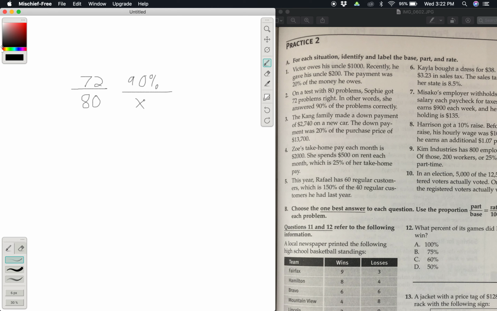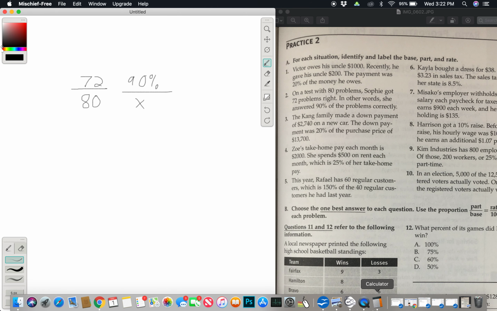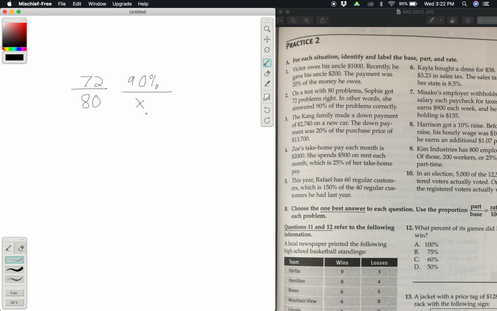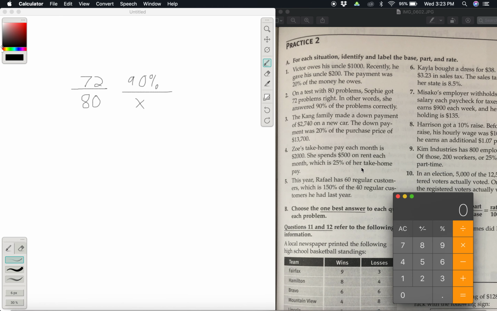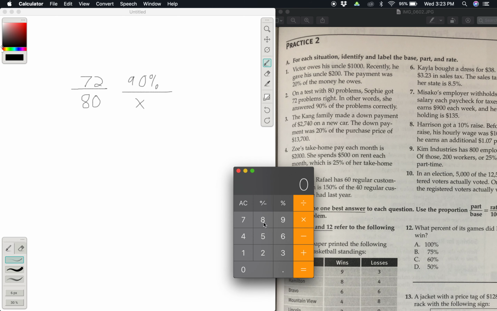And basically, guys, you can solve these in the same way as we went over the proportions. Let me give you an example. This will always be 100 in these problems we're doing, just to prove that to you. I always multiply diagonally to the side that has the missing variable, which is the x. So I multiply 80 times 90.